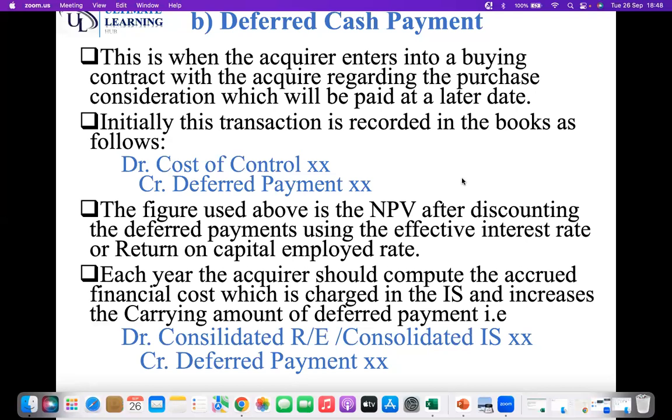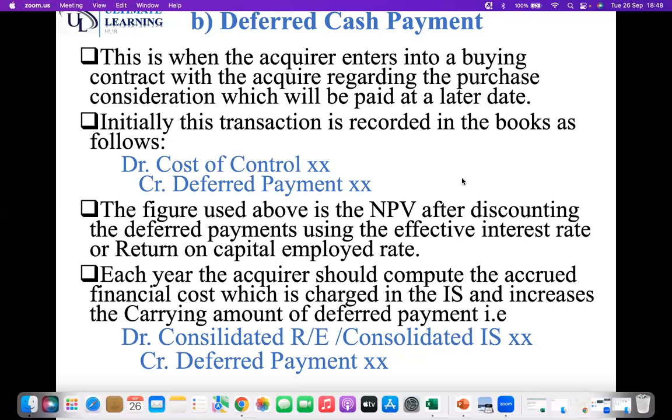Now, this accrued finance cost increases the amount of liability because we know accrued finance cost is an expense and accrued expenses are liabilities.